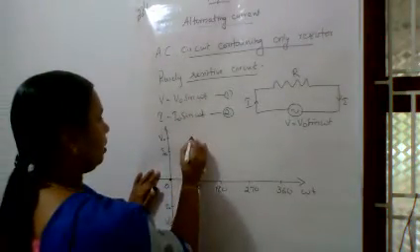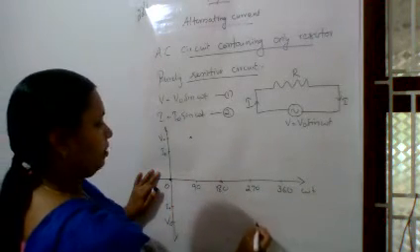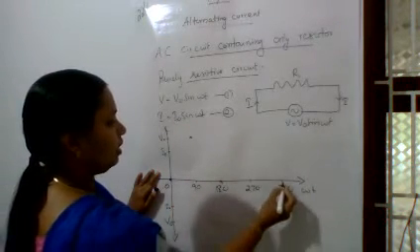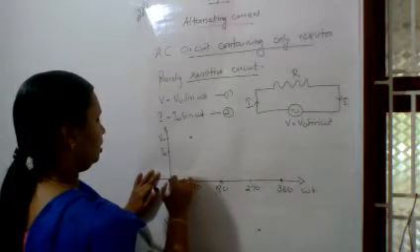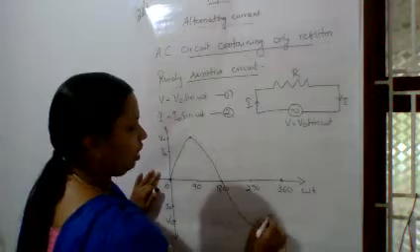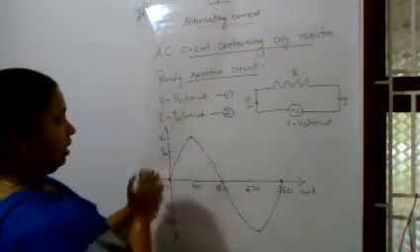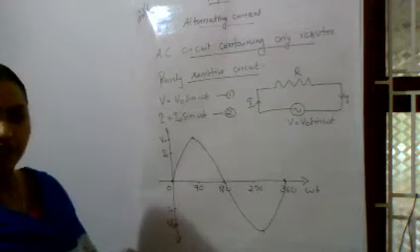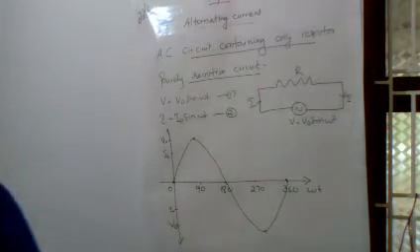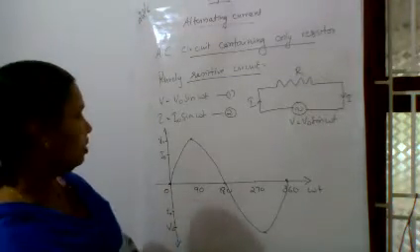So we will get the point here. Sin 180 again 0, sin 270 is minus 1 and 360 again 0. So this is the graphical representation of voltage. And current, we can represent current. Current I equal to I0 sin omega t.